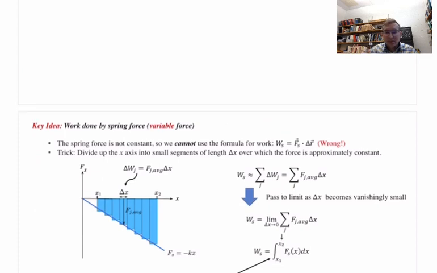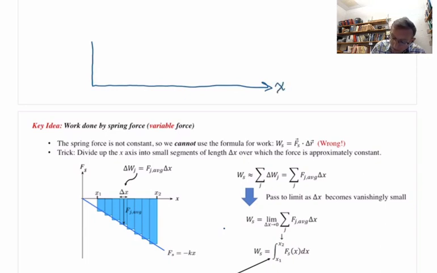I'm going to give myself a little bit of space up here and draw for you what I call basically the standard spring force situation. We've got a vertical wall for hooking up one end of the spring to. We've got a horizontal frictionless surface that we'll call an x-axis. And we've got a spring.